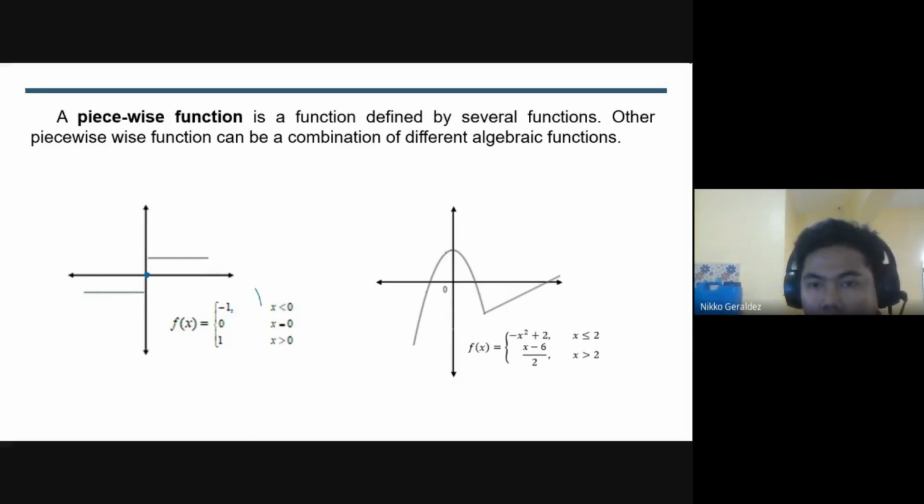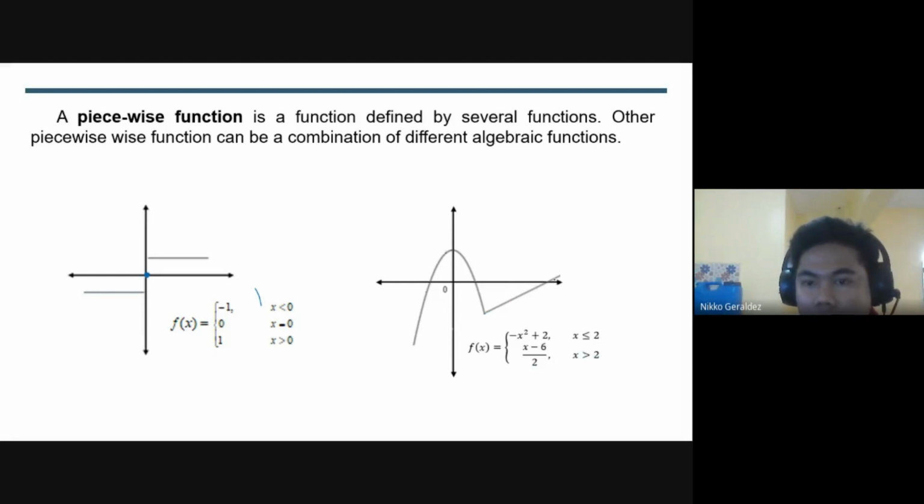Then the second graph is a combination of quadratic and linear function. So f of x equal to negative x squared plus 2 if x is equal or less than 2. So ito yung graph niya, yung parabola. Then x minus 6 over 2 if x is greater than 2.